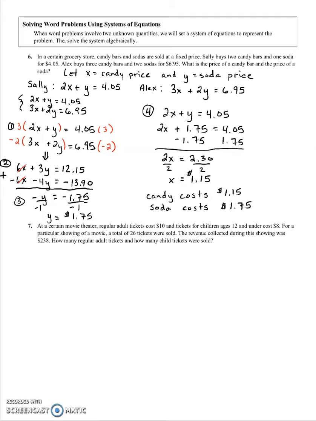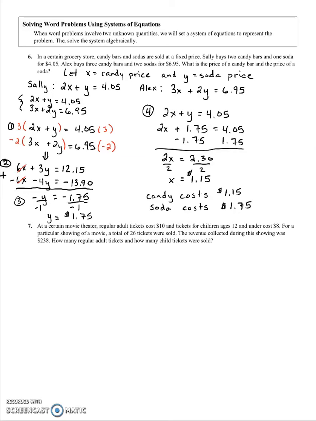At a certain movie theater, regular adult tickets cost $10, and tickets for children ages 12 and under cost $8. For a particular showing of a movie, a total of 26 tickets were sold. The revenue collected during the show was $238. How many regular adult tickets and how many child tickets were sold?